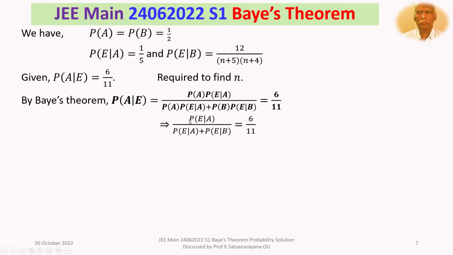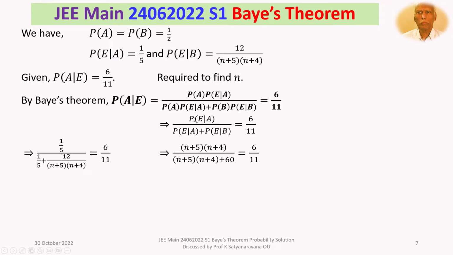These values we know about, and that will be equal to probability of E given A, which is 1 by 5, by probability of E given A, 1 by 5, plus probability of E given B, which is 12 by n plus 5 into n plus 4. Now take the LCM.